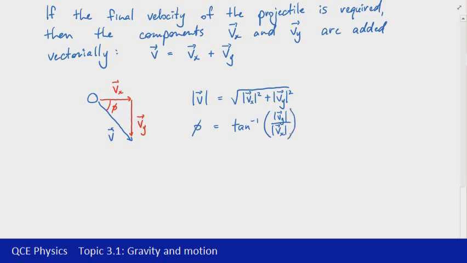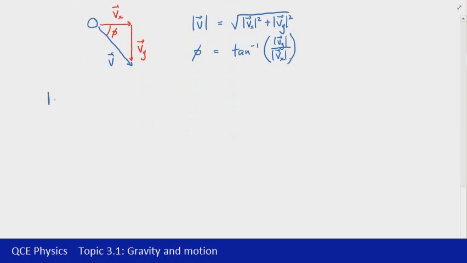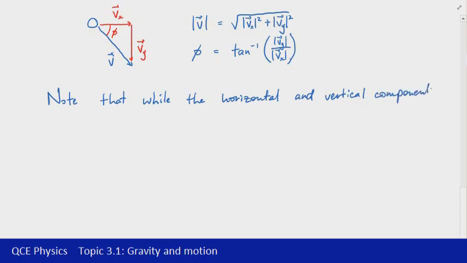One last point that's important to note, while the horizontal and vertical components are independent, they are still linked. And hopefully you can see by those equations that we dealt with earlier, the quantity that links them is the time.